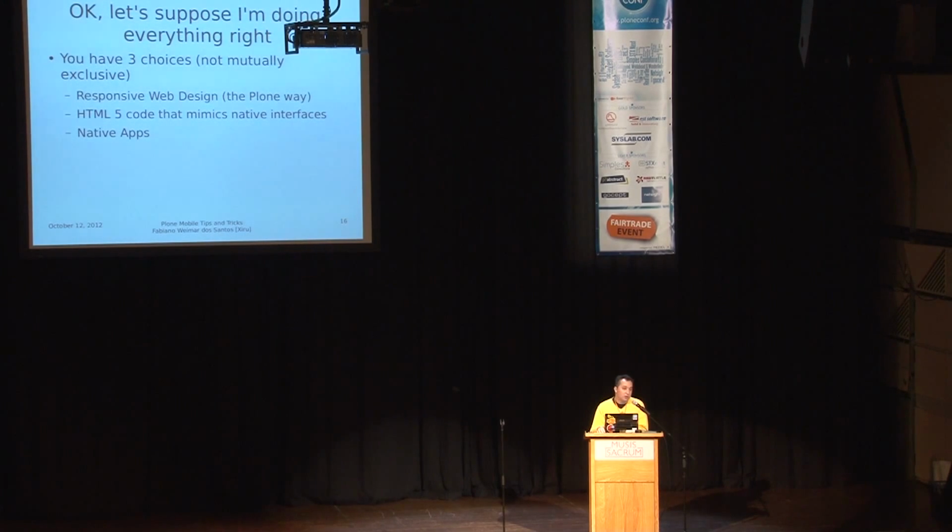Usually you have 3 different kinds of choice. They are not mutually exclusive, but they are more or less based on a responsive web design approach that Plone has been trying to follow, and HTML5 code that mimics a native interface.